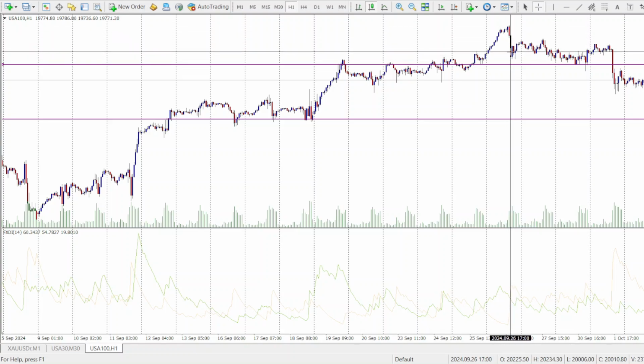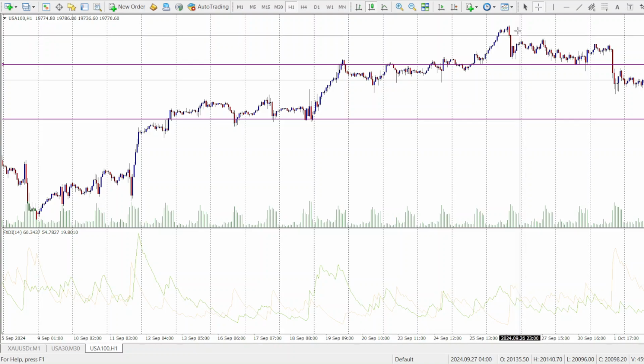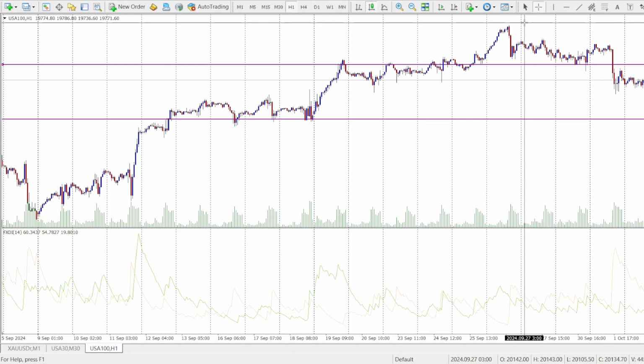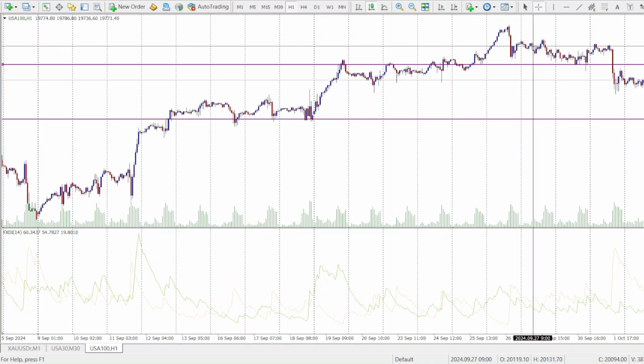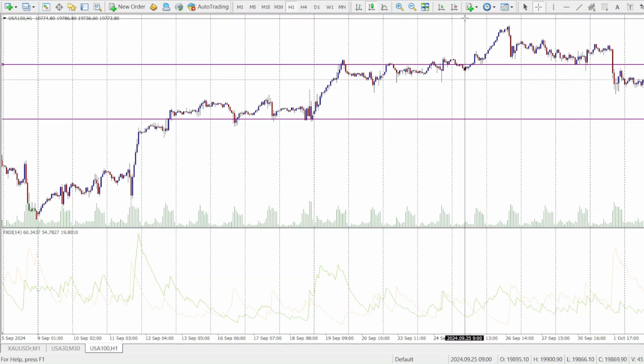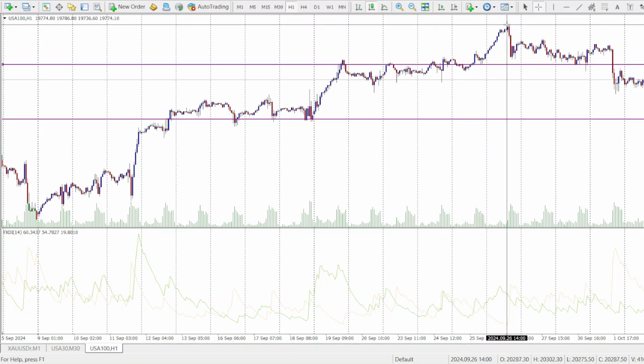Now, where do you set your stop loss? The same technique. For a sell trade, your stop loss can be set above the swing high or above the nearest resistance level, if you have any resistance level near to that point.